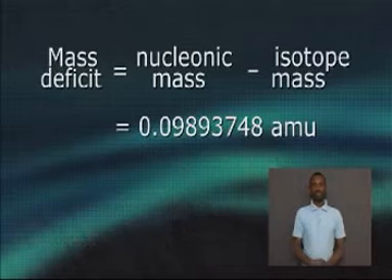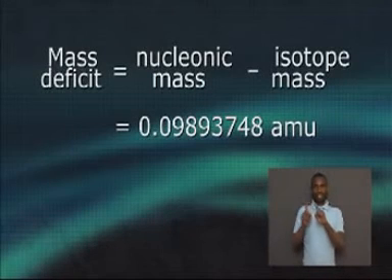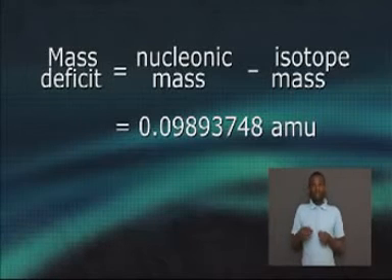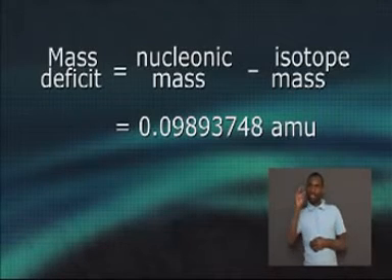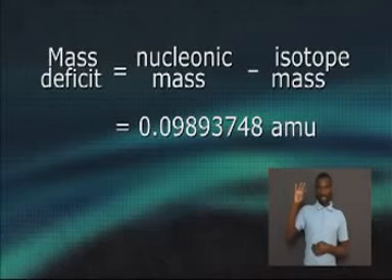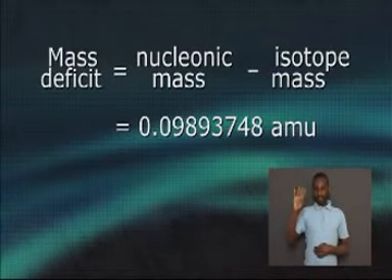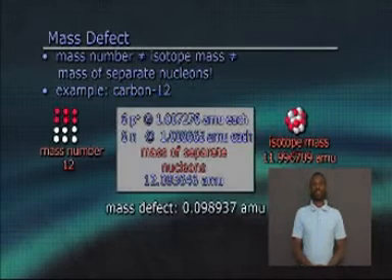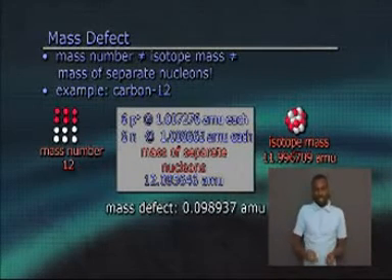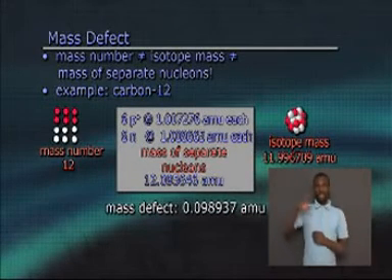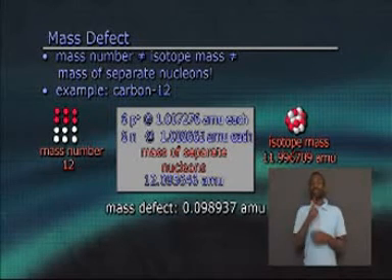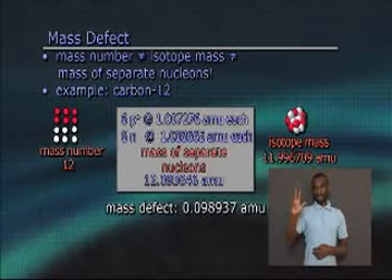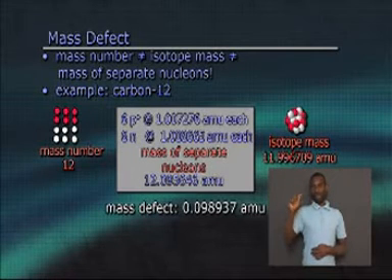When we subtract the isotope mass from the nucleonic mass, we get 0.0989374 atomic mass units. Therefore, the mass deficit of carbon-12 is 0.0989374.